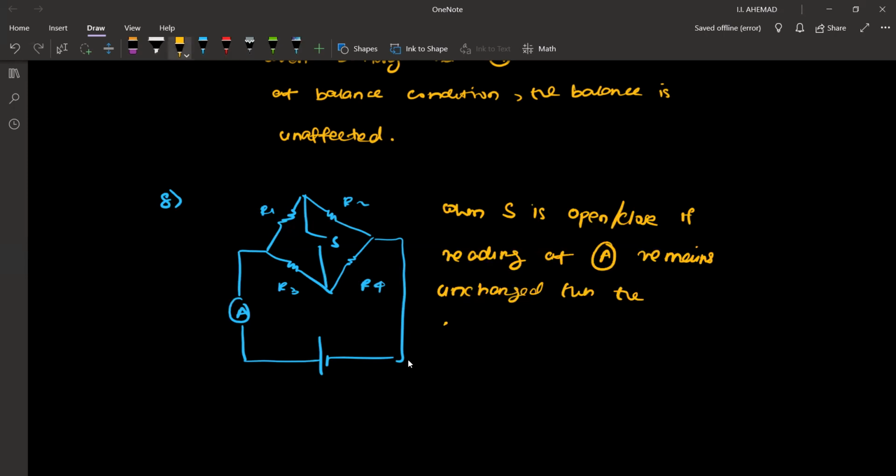Then it is in balance condition. You will note it.